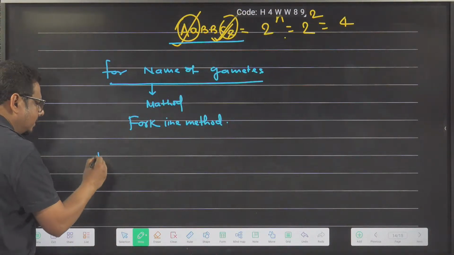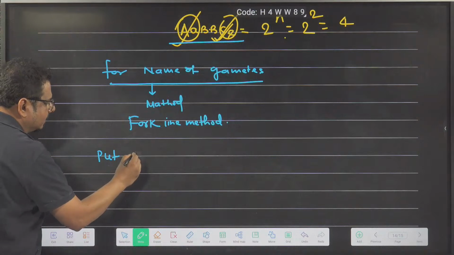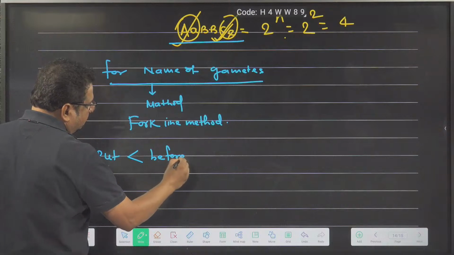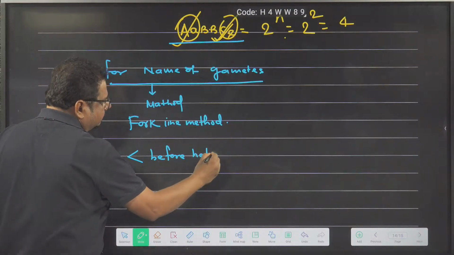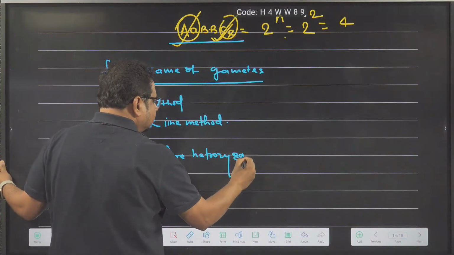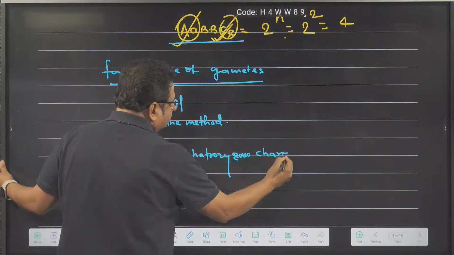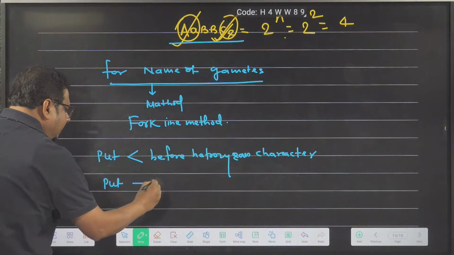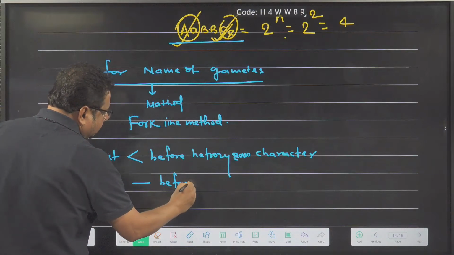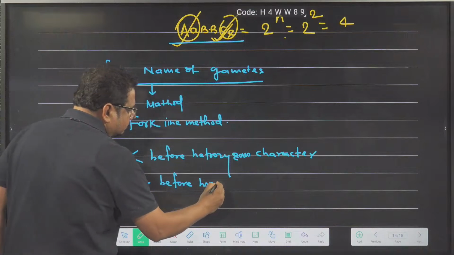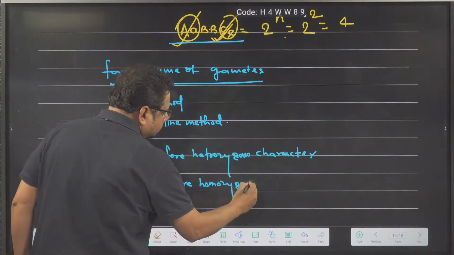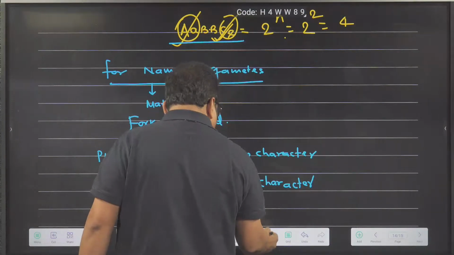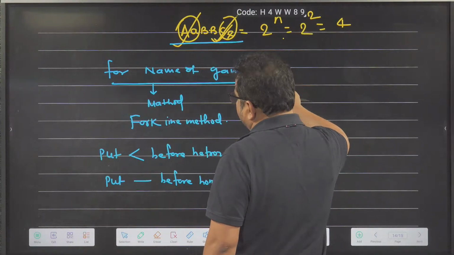So I am writing, put a fork. A fork looks like this, no? Before a heterozygous character. And another thing I am telling, put a line before a homozygous character, and the work is over.